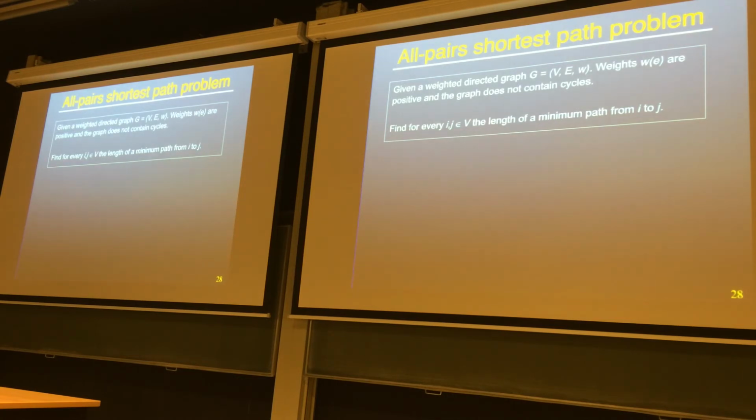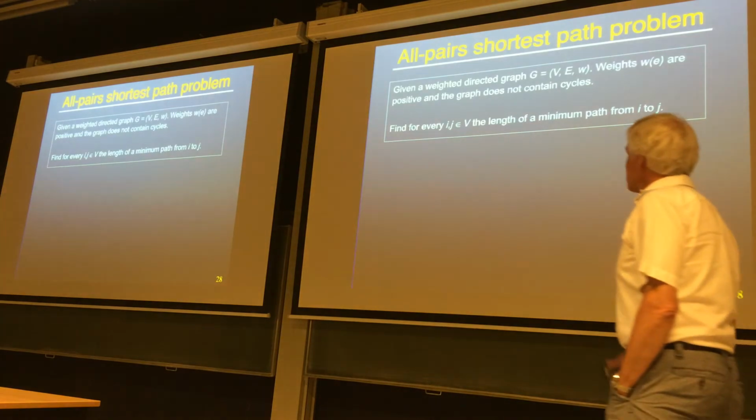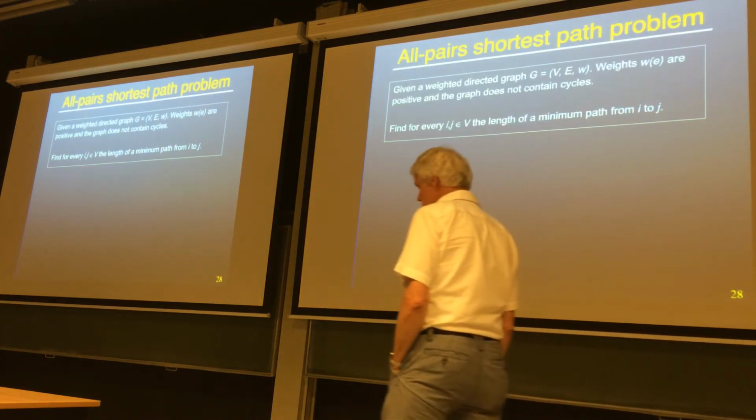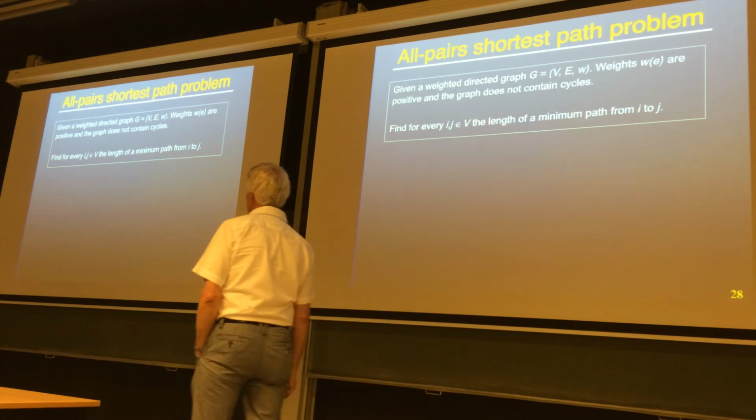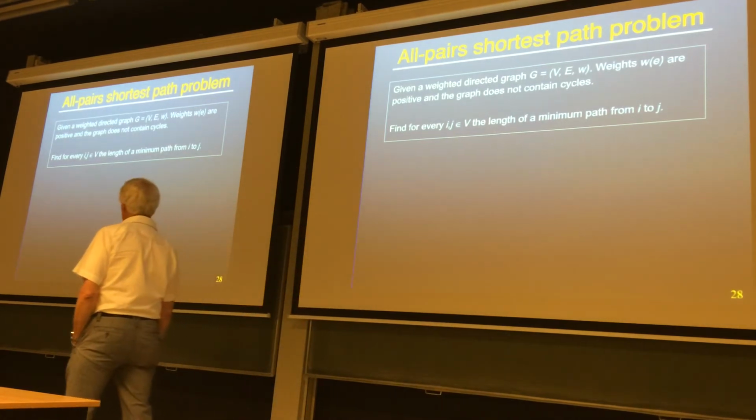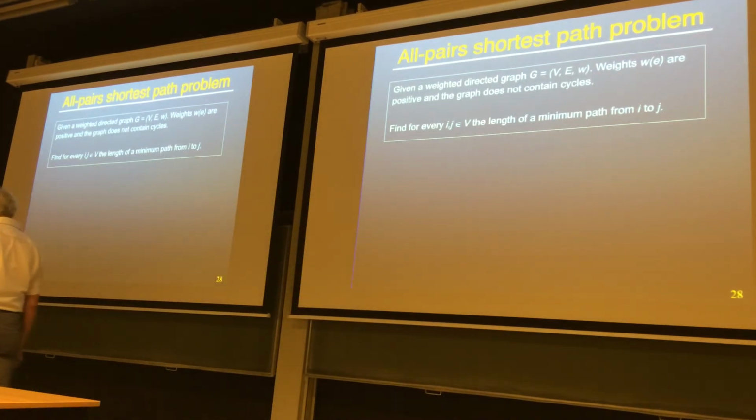The problem is very easy to state. Suppose that I have a weighted directed graph with nodes V, edges E, and a labeling function w. And suppose, to make it somewhat easier, that this graph doesn't contain cycles. Then for every i and j in the set of nodes, we would like to find a minimum path from i to j.